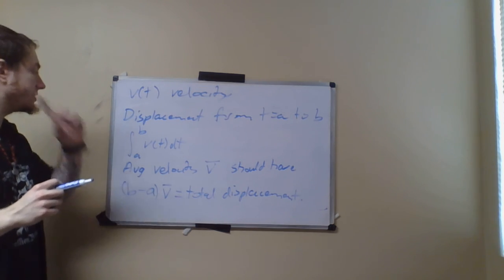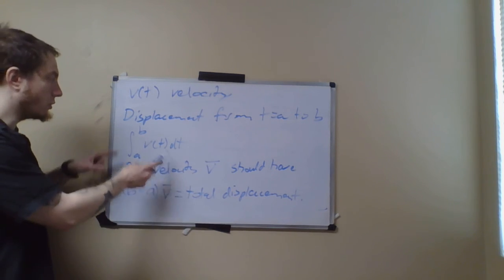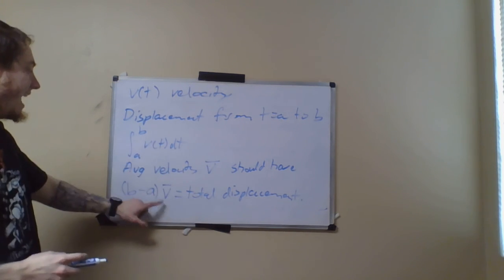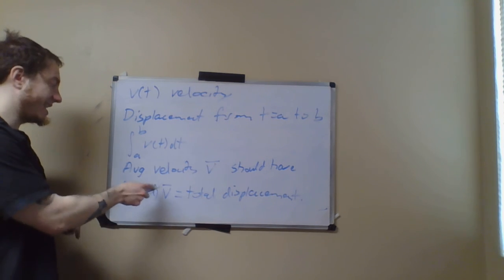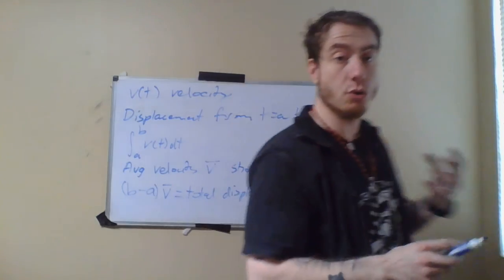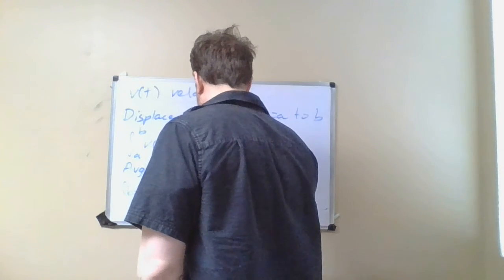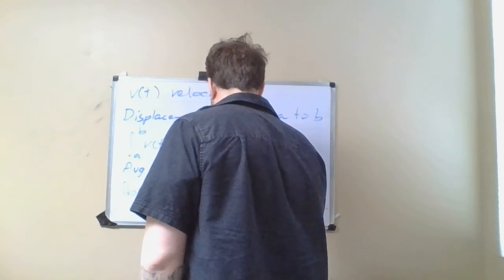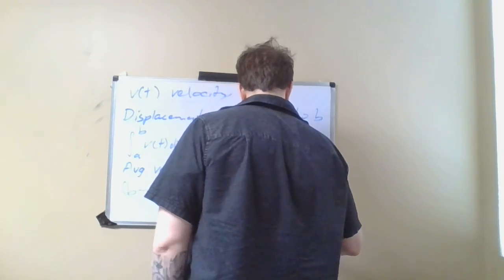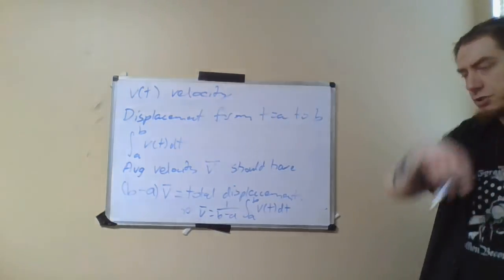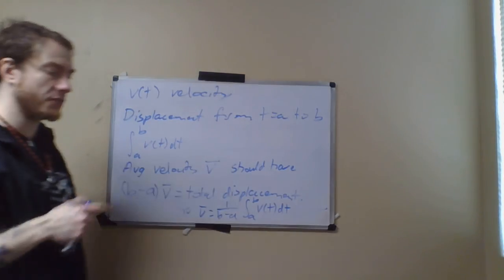In order to make that work, the total displacement is this integral, so the average has to be this integral divided by b minus a, so that it cancels and leaves me with just the total displacement. So we have to have the average velocity be 1 over b minus a times the integral from a to b of v of t dt. So this is another way of reasoning why we define this as the average of the function.